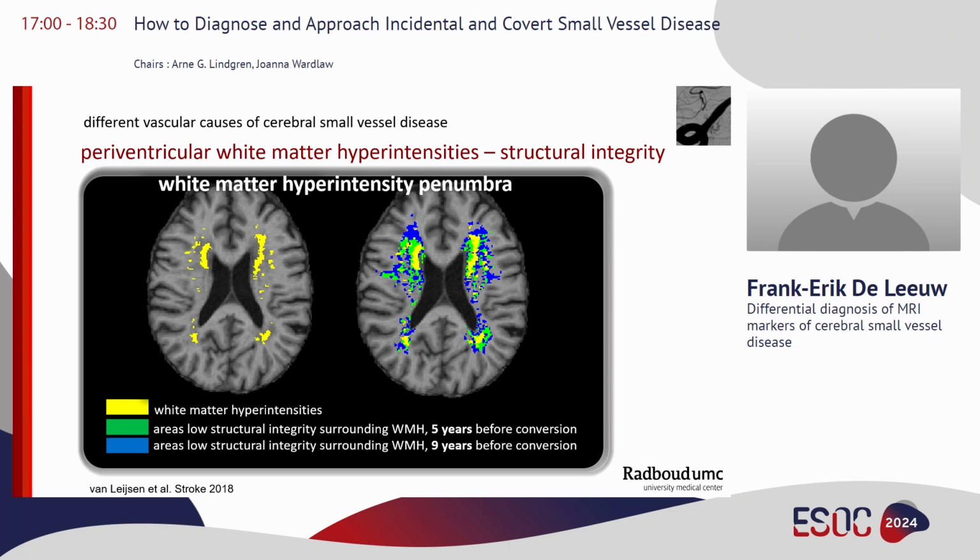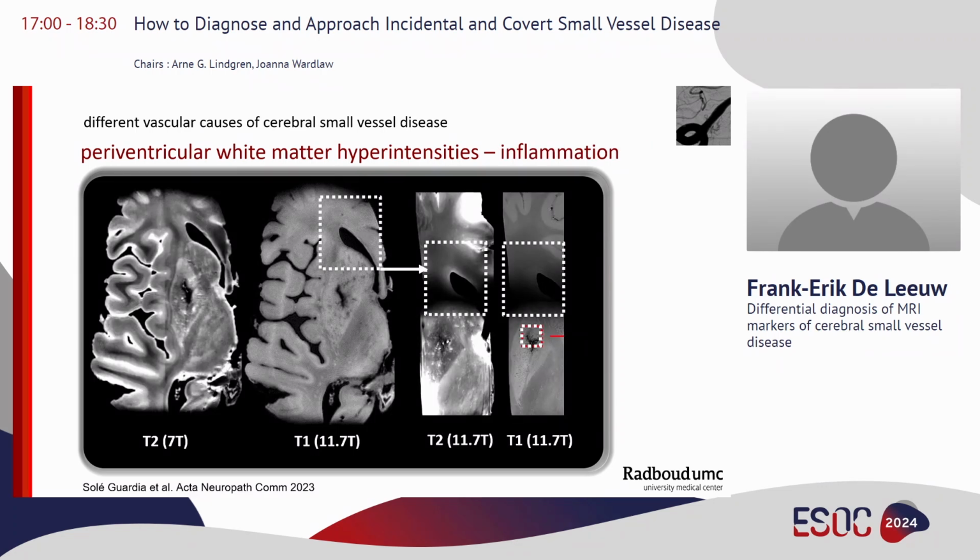So apparently there's an area surrounding the periventricular white matter lesions that is gradually being included into the periventricular white matter lesions, what we call a white matter penumbra. So what's going on in this area?